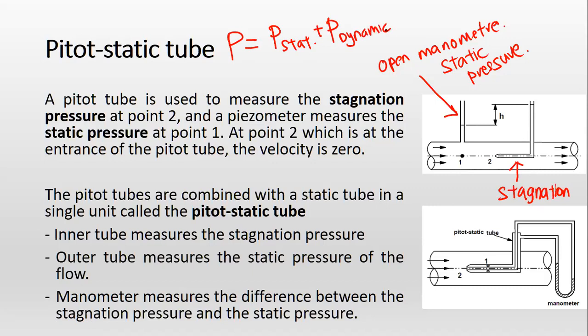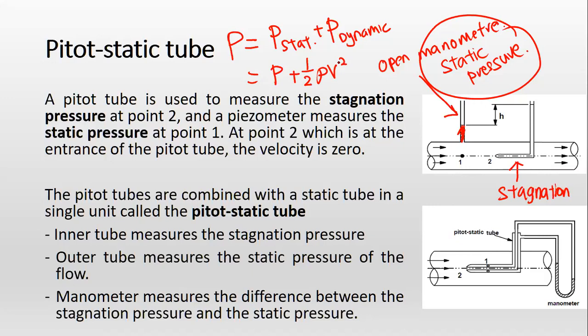The static pressure is the P that we measure using our open manometer. So this height here indicates the static pressure. But the dynamic pressure is given in the form of half rho v square.